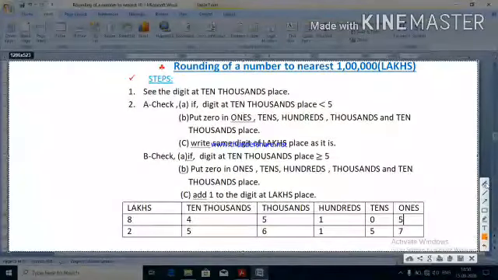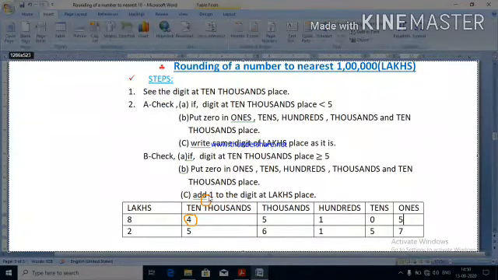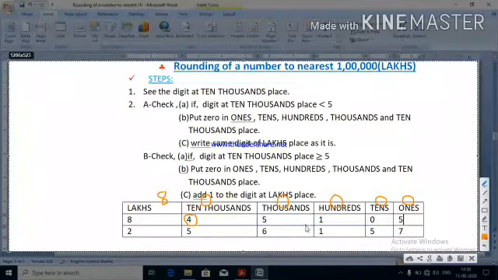Here 4 is less than 5, so you have to write zeros in the 10,000 place, in the 1000 place also 0, in the 100 place also 0, in the tens place also 0, in the ones place also 0, and you have to write the number 8 as it is in the lakh place. Now your answer is 8 lakh.